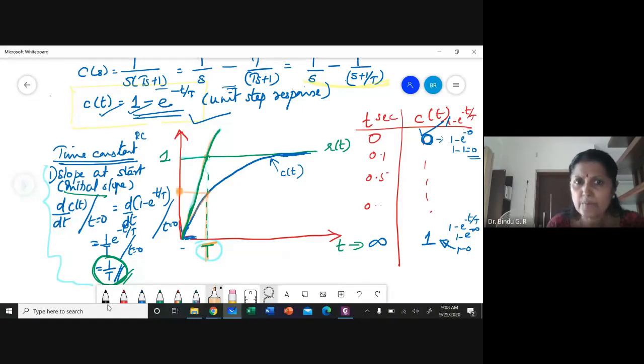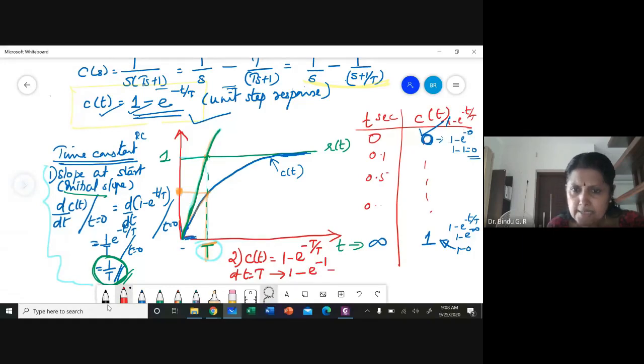What is this value? Actually, where did it reach? Ct is equal to 1 minus e raised to minus t by T, and at t is equal to T, what value did Ct become? Just calculate and tell me. E raised to minus 1. That happens to be 0.632, which you have already learned.